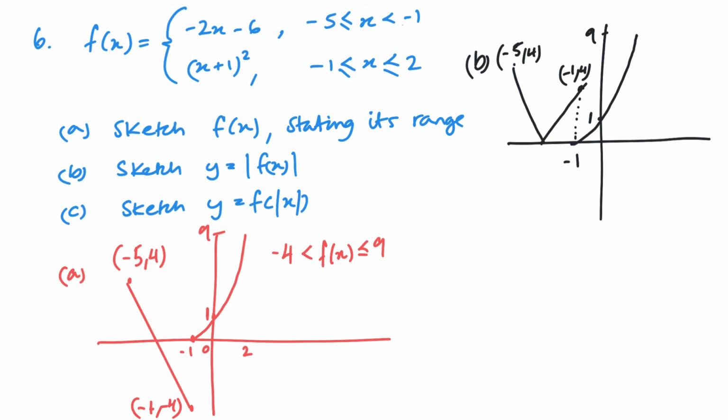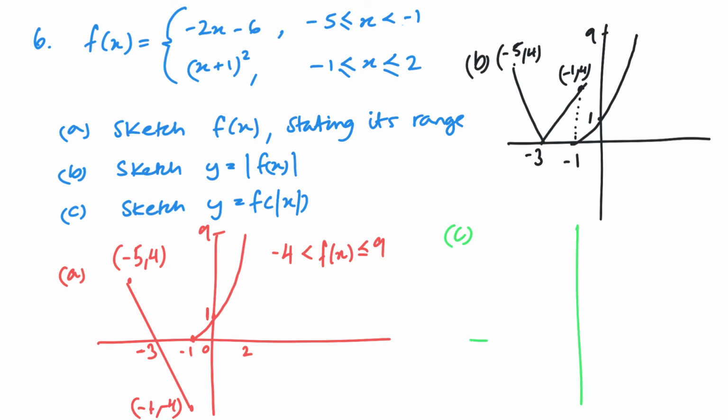The only other point really I could do working out is this point. Okay, so substitute when y would equal, my f of x would equal 0. So if I take 6 to the other side, divided by 2, we're looking at negative 3 at this point, and I can put it on the original as well. And then part C, let's do that in green.